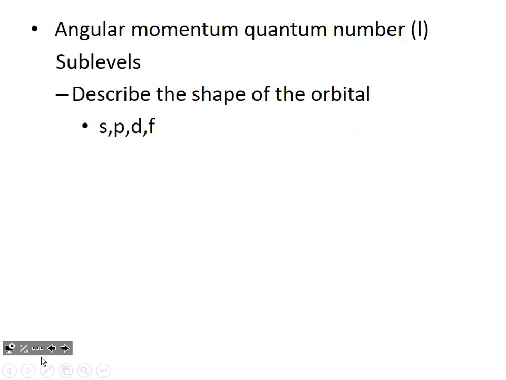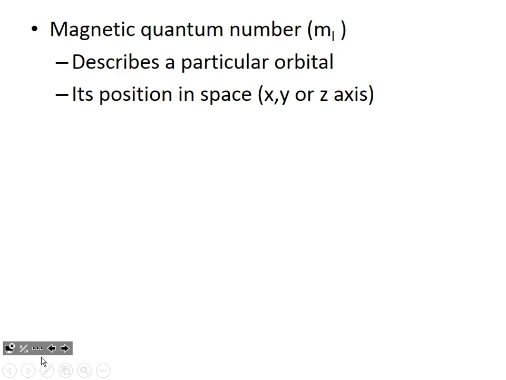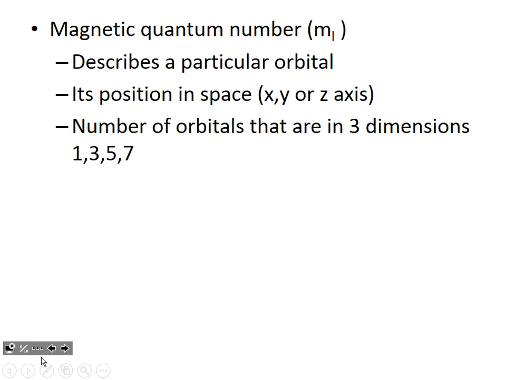So here's the thing about the S, P, D, and F orbital sublevels. They have a particular number of orbitals, which is described by the angular momentum quantum number. So it's really the number of orbitals that can position themselves along the axis and still be separate orbitals. So the numbers of orbitals in the sublevels are 1, 3, 5, and 7.